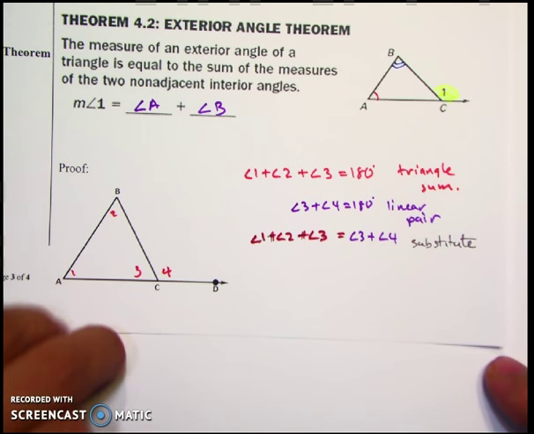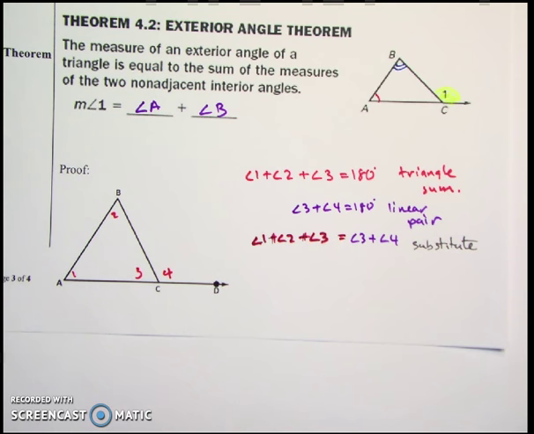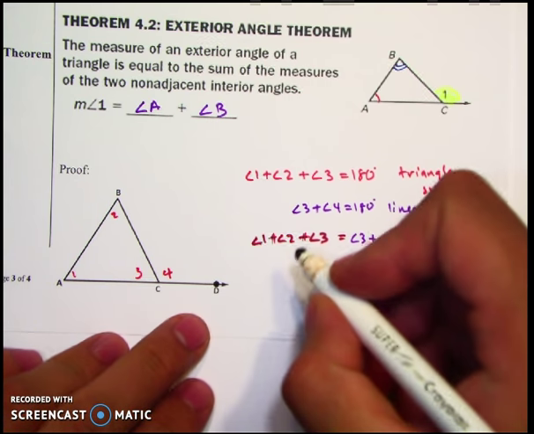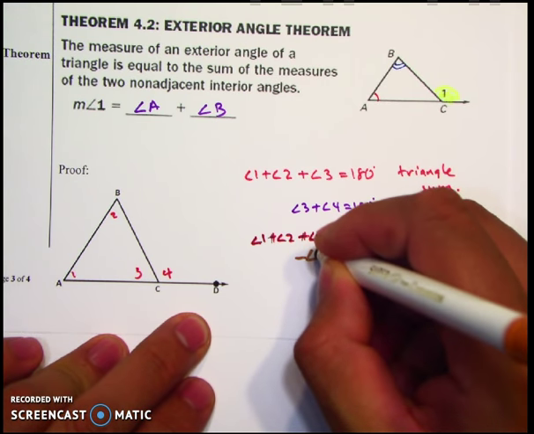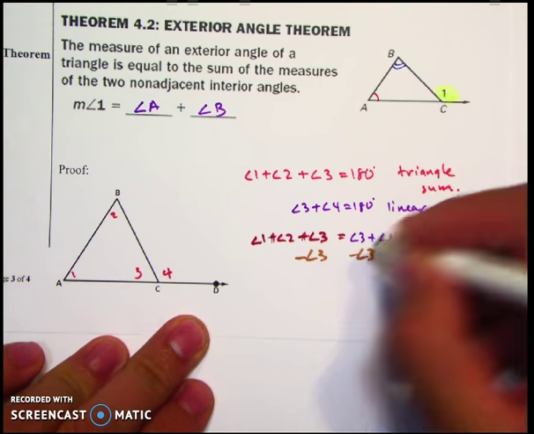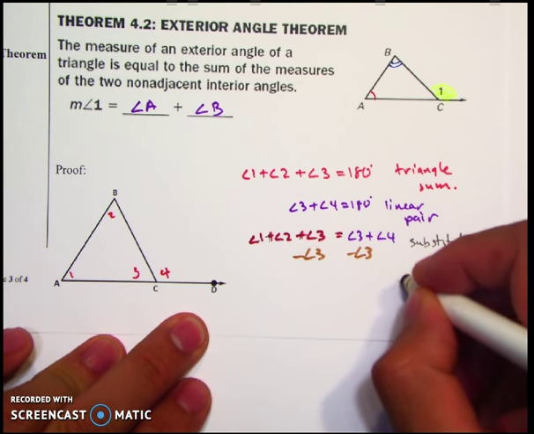Okay. Notice that both sides have what angle? Both sides have angle 3. So let's go ahead and get rid of that. Since they both have angle 3, we can go ahead and subtract angle 3 from both sides here. So we go ahead and do a subtraction property here.